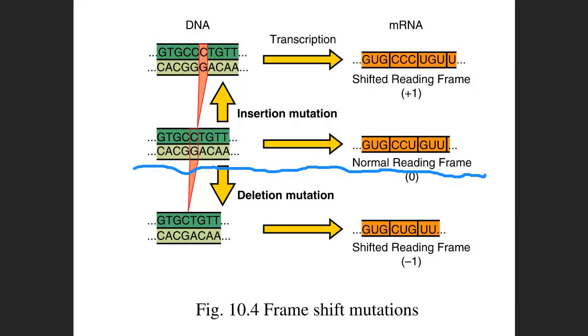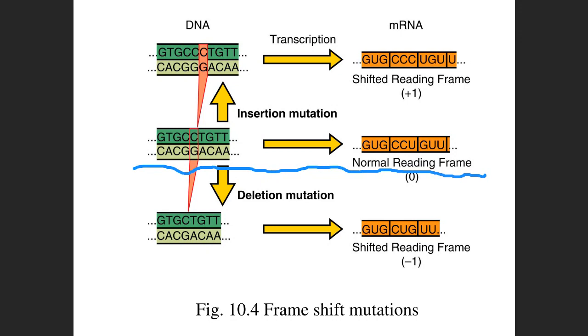And based on codon wobbling, maybe this site is still okay. However, if you look at this codon, it goes from GUU to UGU, so it's completely certain that this amino acid will be changed. So an insertion mutation changes the frame, right?